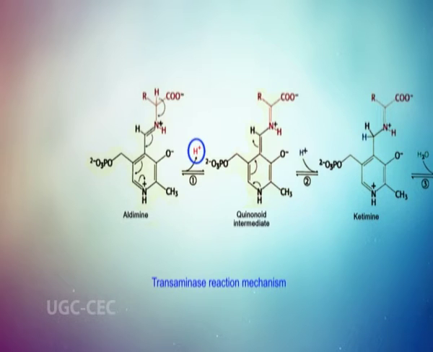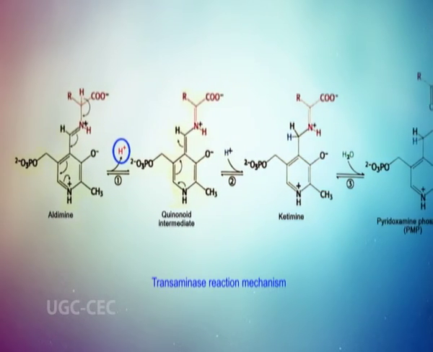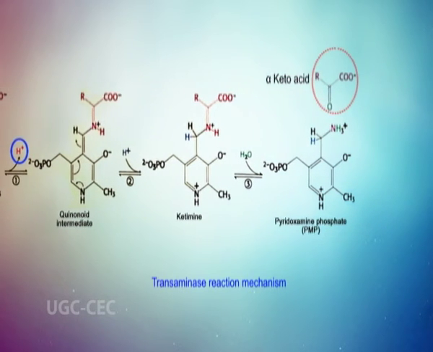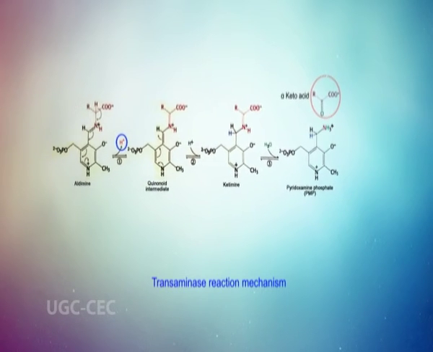loses a proton from the alpha carbon atom of the amino acid to form a quinonoid intermediate. Reprotonation of this intermediate at the aldehyde carbon atom yields a ketimine. The ketimine is then hydrolyzed to an alpha keto acid and a pyridoxamine phosphate, PMP. These steps constitute half of the transamination reaction.